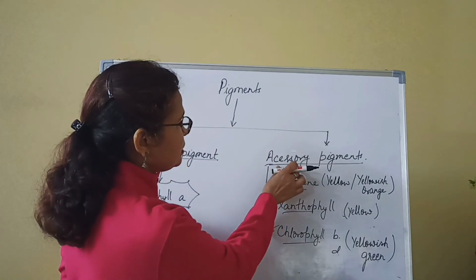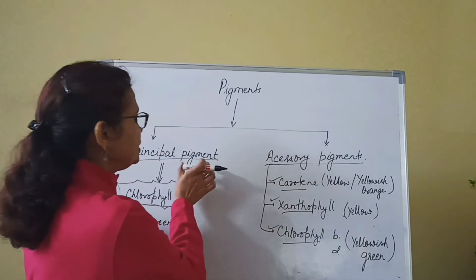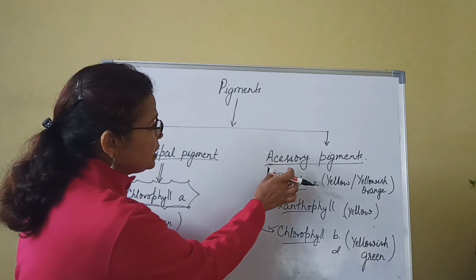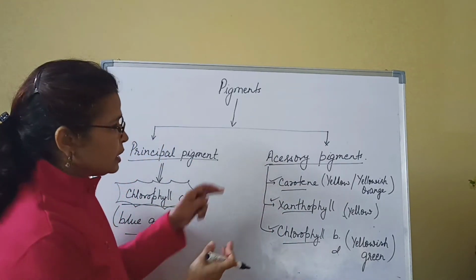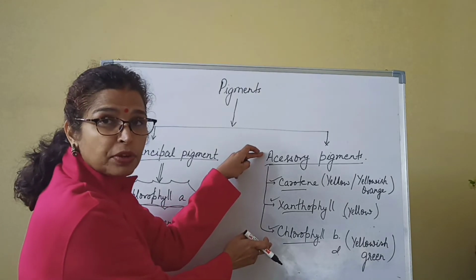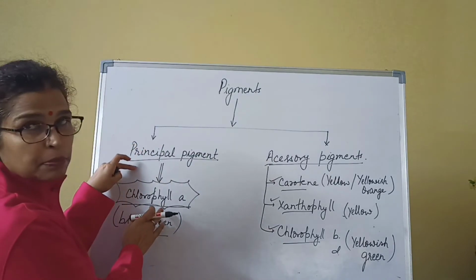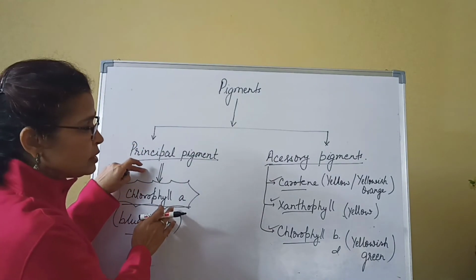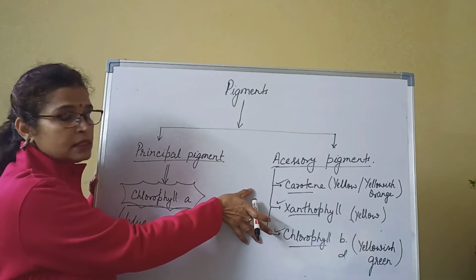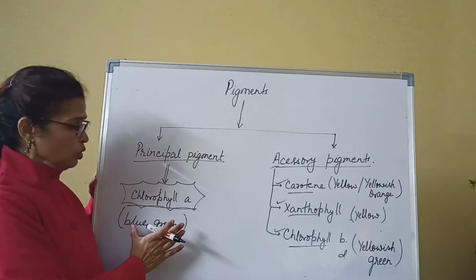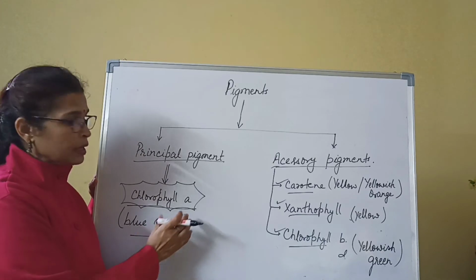Accessory, as the name indicates, they help the principal pigments in transferring the energy. They absorb different wavelengths of sunlight and transfer the energy to the principal pigment, which is present in the reaction center. Another function of accessory pigments is that they protect the principal pigments from photooxidation.